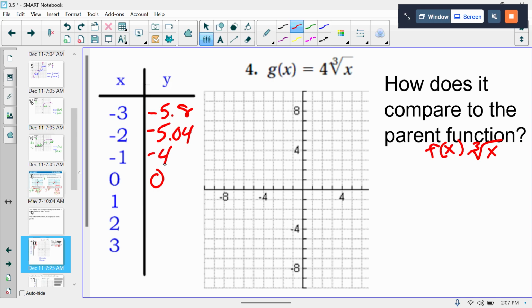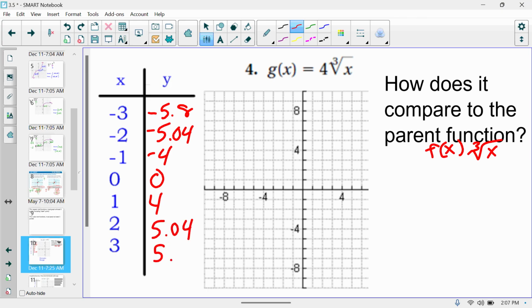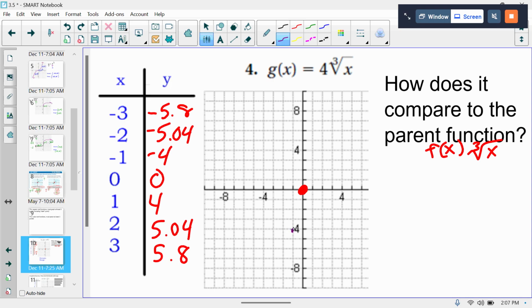Again, we're just copying it right out of the table. We round because some of these go on for quite a few places, so it'll just be an estimate. Again, (0, 0) is going to be on our graph a lot of times, okay? And then we've got (-1, -4) and (1, 4).